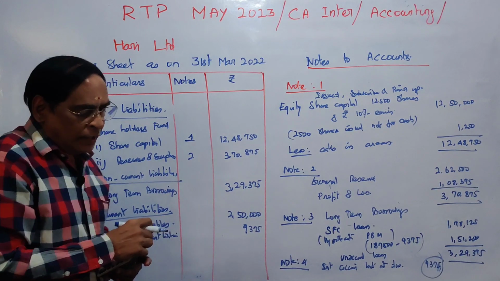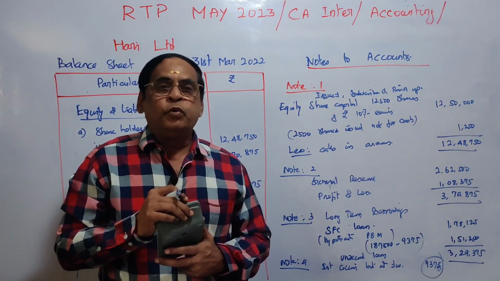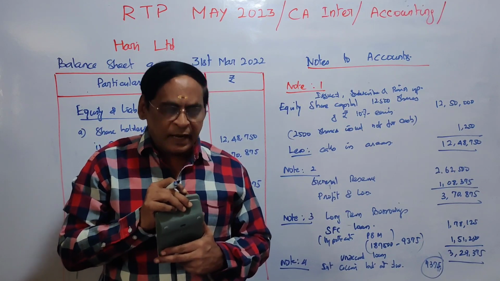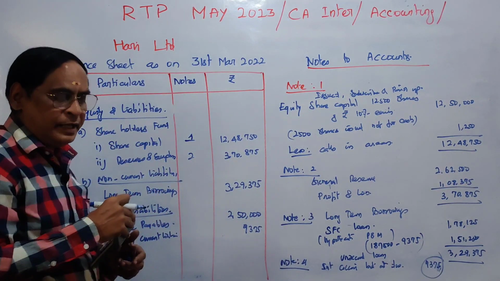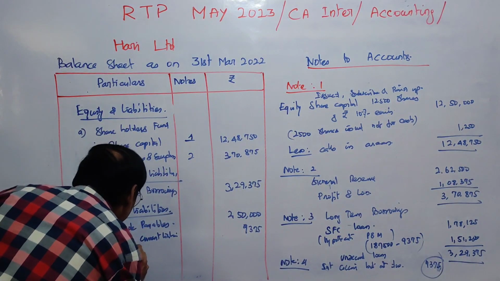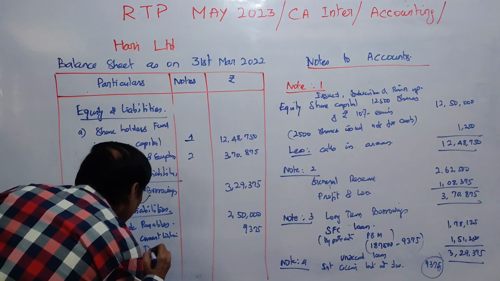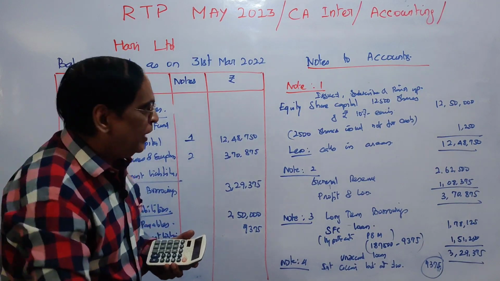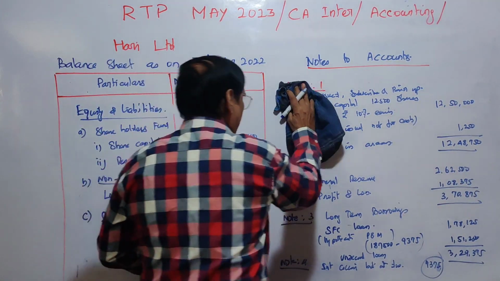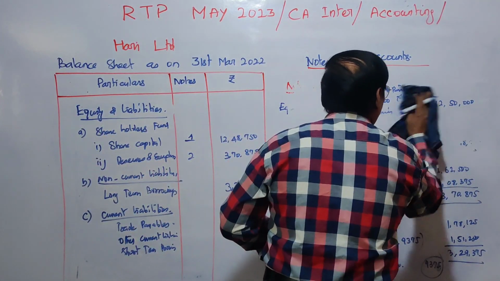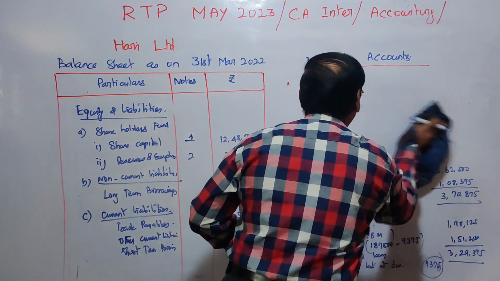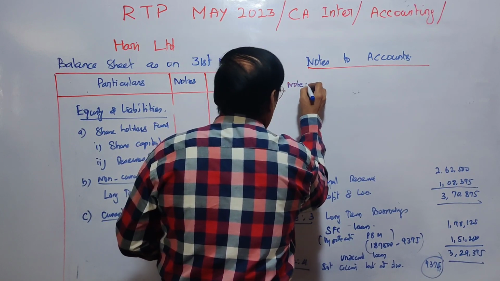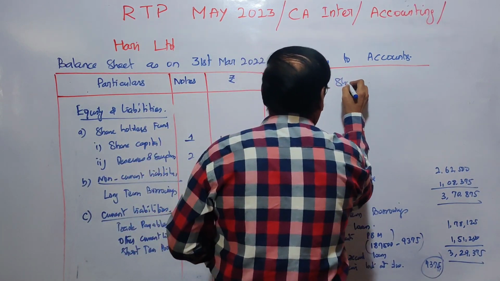9,375. And then one more item, provision for taxation. It is coming under short-term provisions. That is a current liability. So under current liability, you have to mention short-term provision, and for that you also have to make a note, note number 5, short-term provision.